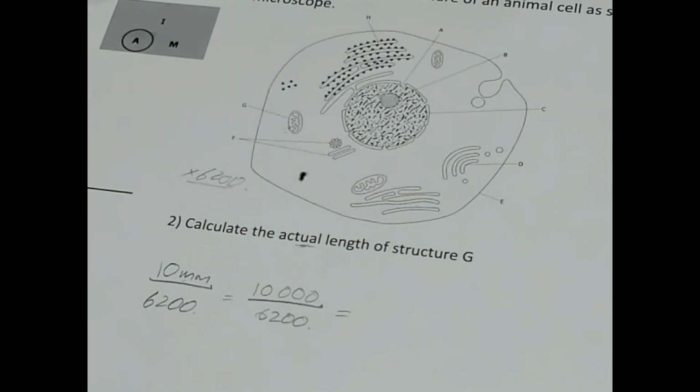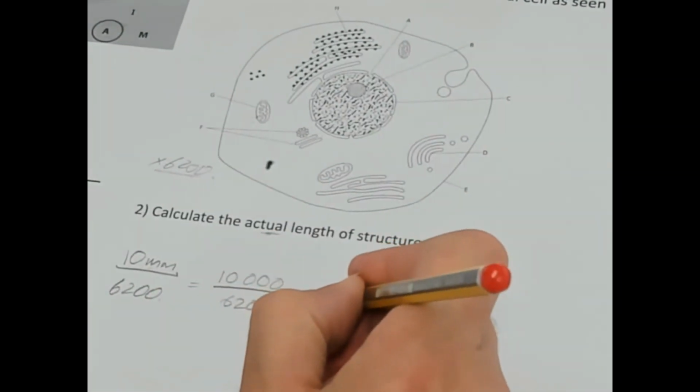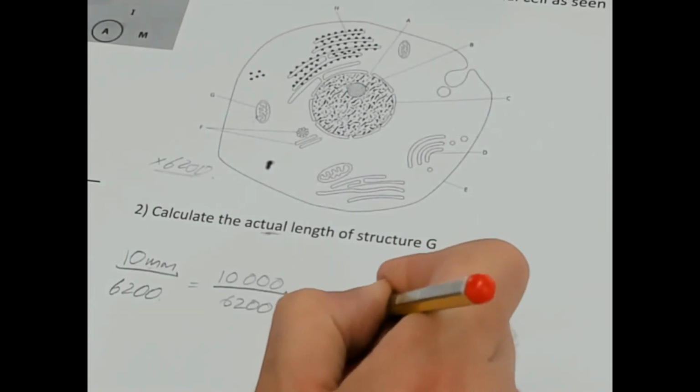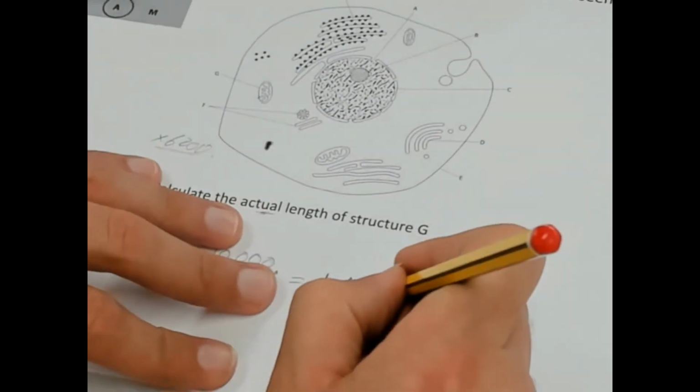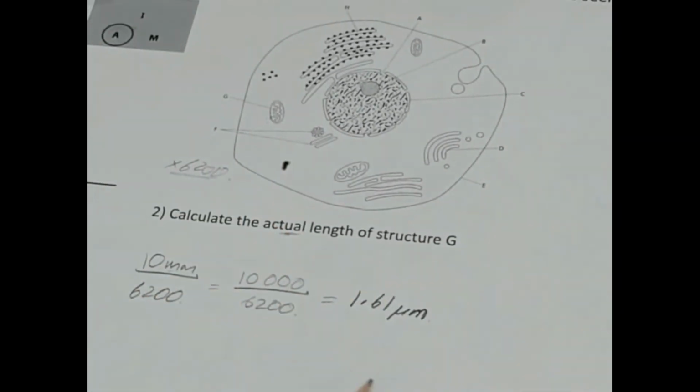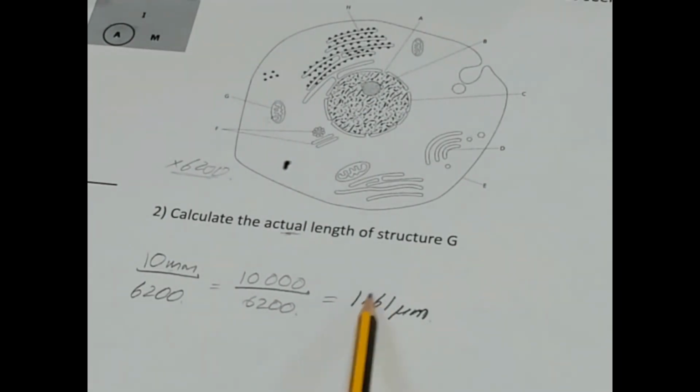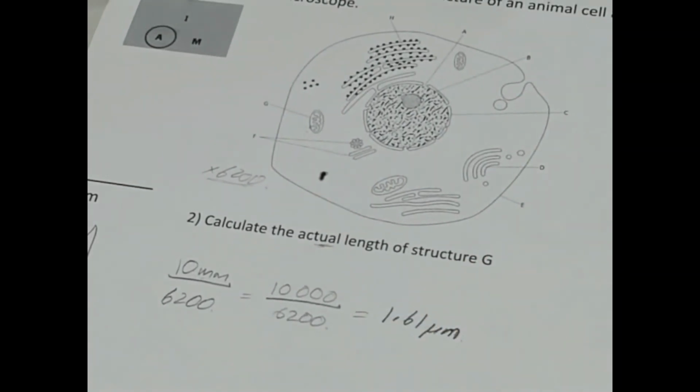10,000 divided by 6,200, and I get 1.61 micrometers. If they want the answer in nanometers, you simply times this number by 1,000.